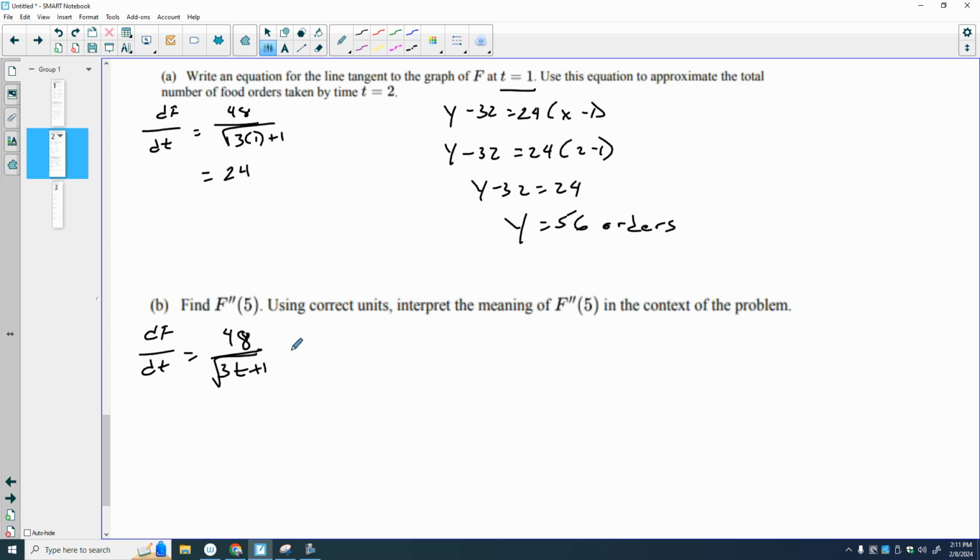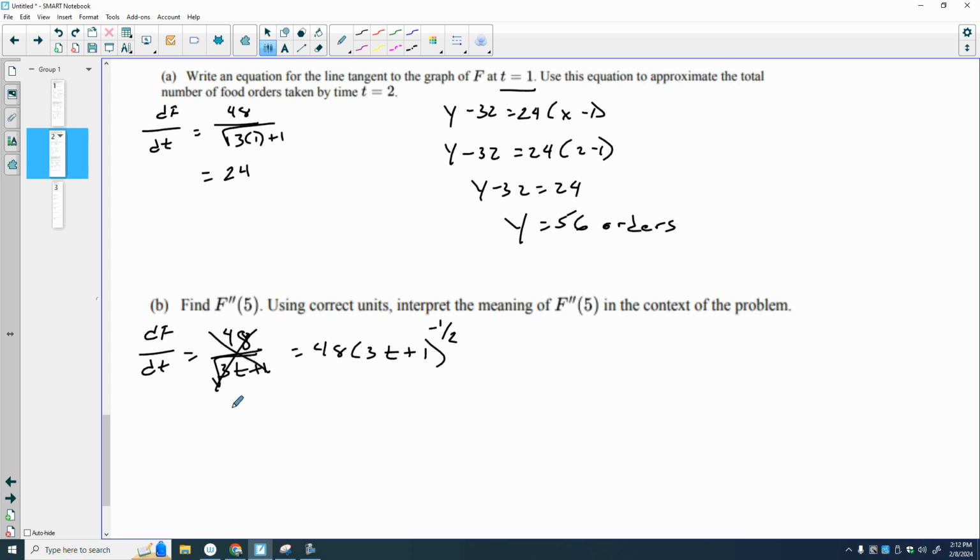I'm going to change that into 48 times 3t plus 1 square rooted, and since it's on the bottom, we need the negative. 1 over that makes it a negative exponent. Square root makes it a 1/2 exponent. So there's my df dt.